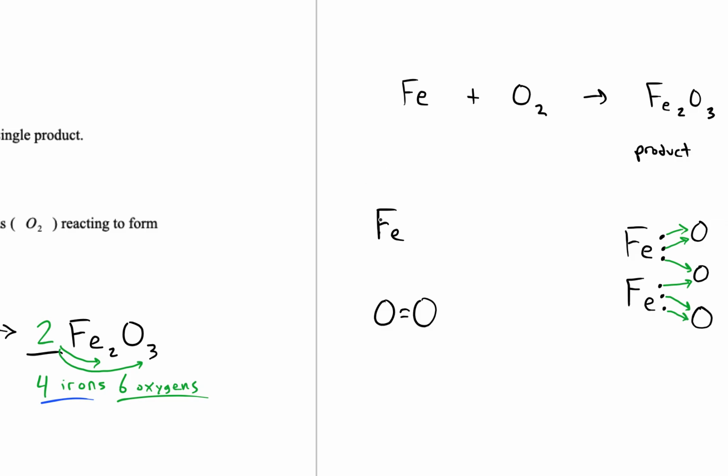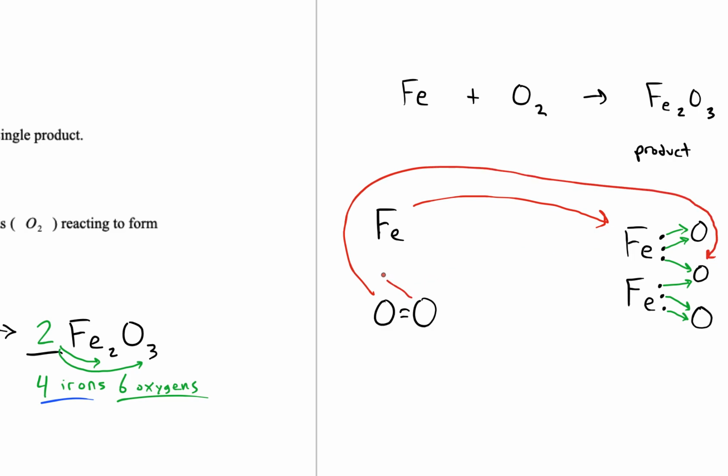So this alone can't be the right solution because there's not enough iron on the left to match the amount of iron on the right. There's also not enough oxygens on the left to match the number of oxygens on the right.